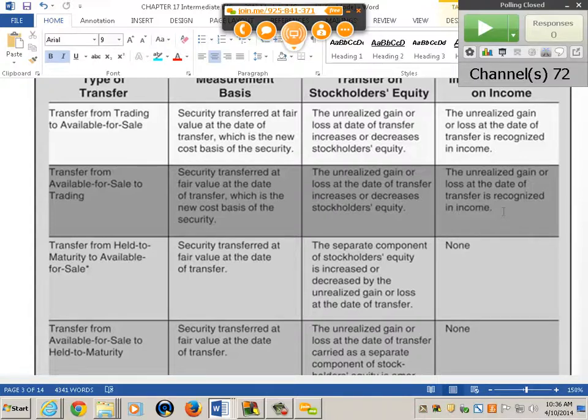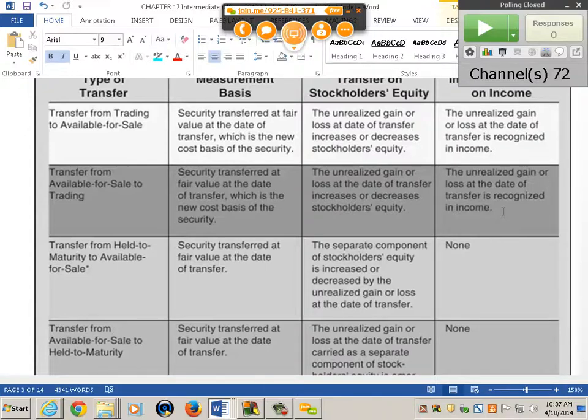What I don't like about this, and I can't modify it, but it's the best one I could find, I guess, I should probably do my own. But if you look at the last column, when you transfer into trading from the available for sale portfolio, you create the gain and loss, or you measure it now at fair value. The gain or loss goes into net income, your last column. How does it affect stockholders' equity? It gets closed to retained earnings. That's what they're saying in the third column.